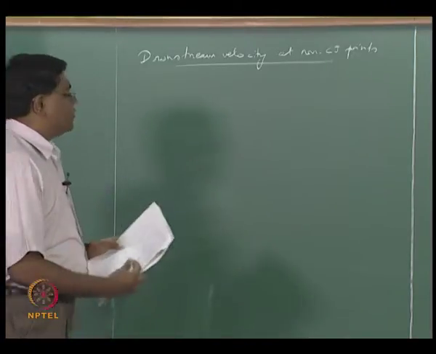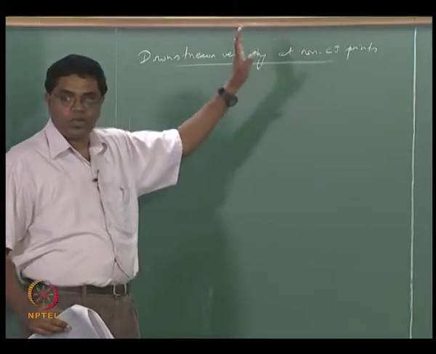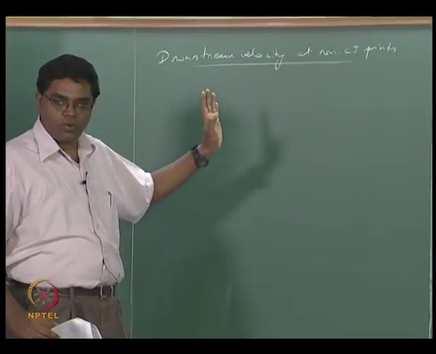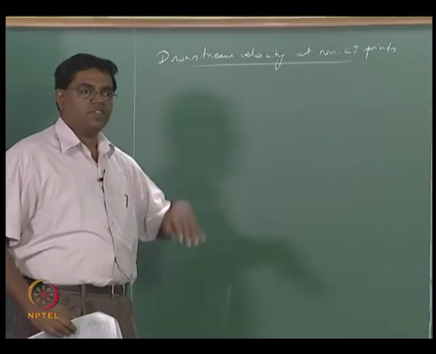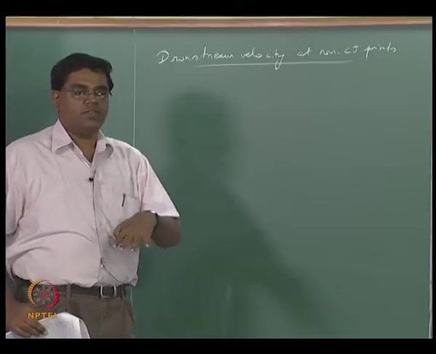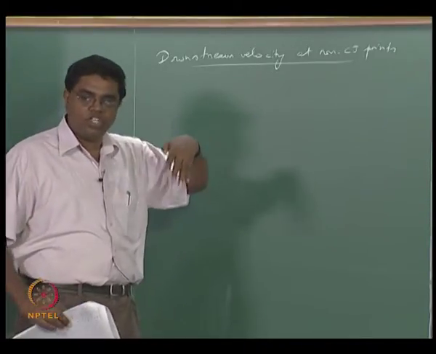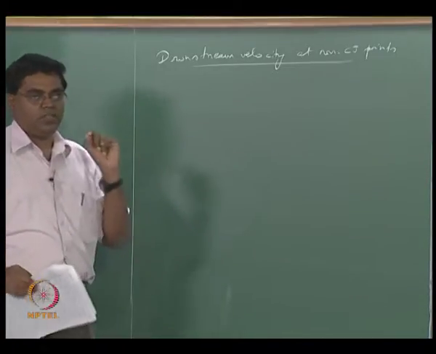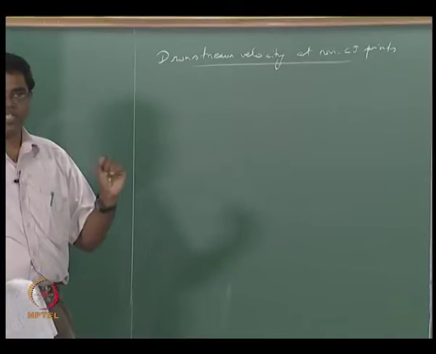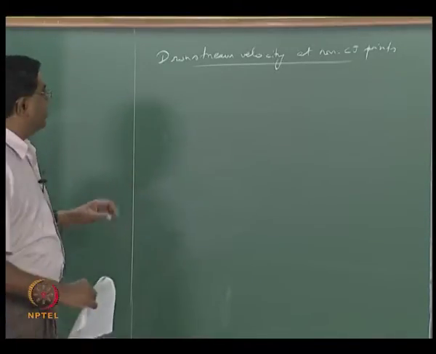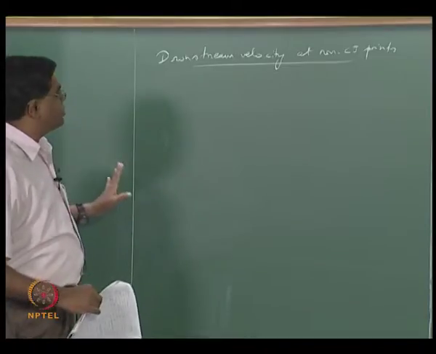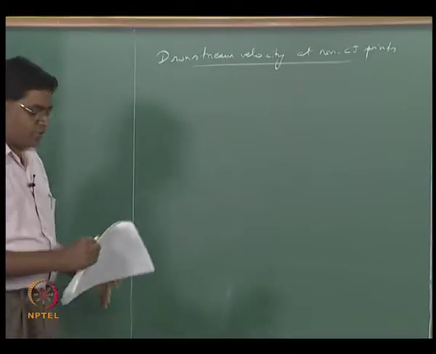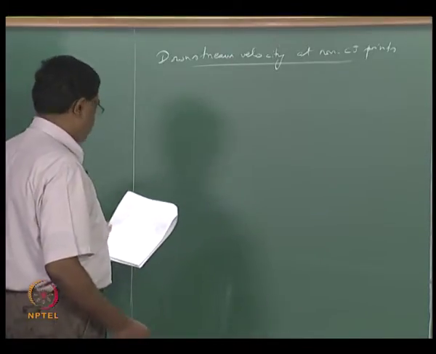It is just that non-CJ points is a lot more general compared to what we have done before, which is to look at the downstream Mach number at the CJ points, from where we generalized saying that weak detonations will have supersonic downstream velocities, strong detonations will have subsonic downstream velocities, and so forth, by just noting that the CJ detonation or deflagration will have sonic downstream Mach numbers. But here what we are trying to do is to determine the direction of this velocity relative to the wave for any point, not just the CJ point. So this is applicable to non-CJ points as well.